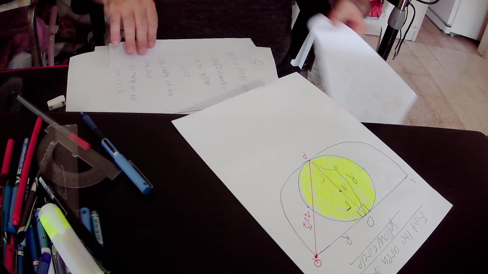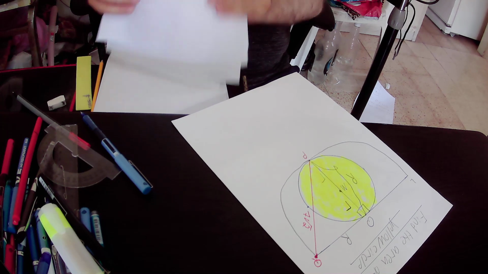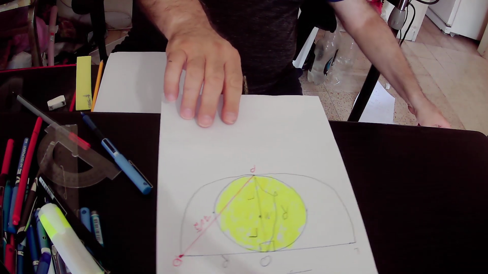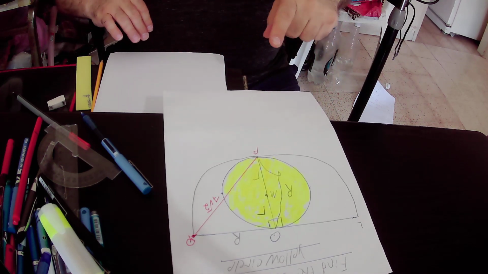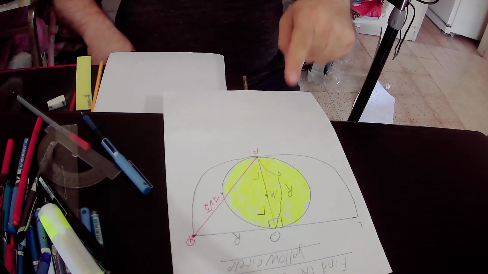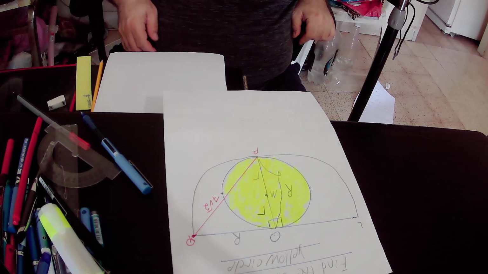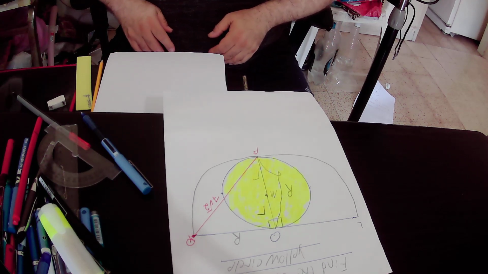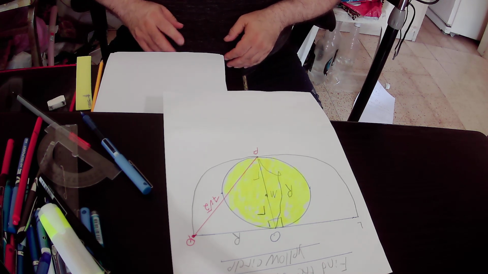So we wanted to find out the area of the yellow circle, and as you know, the area of any circle equals pi times the radius squared.